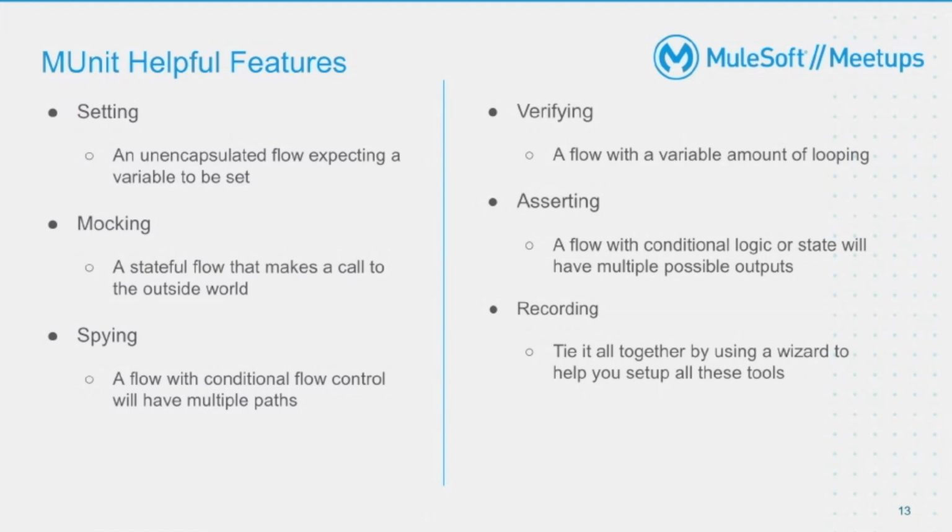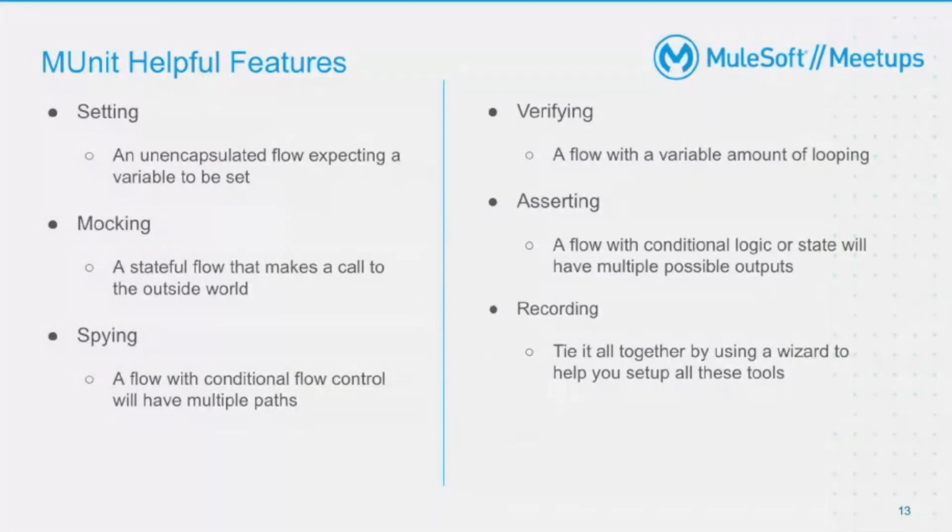Next, you have verifying. So say you have a flow with a loop in it, a for each loop. Well, if you have a database query that retrieves, again, about 30 contacts or so, but you only process the contacts if their name is Bob, well, you know how many Bobs are in that mocked query because we mocked it. We know exactly what it's set to.